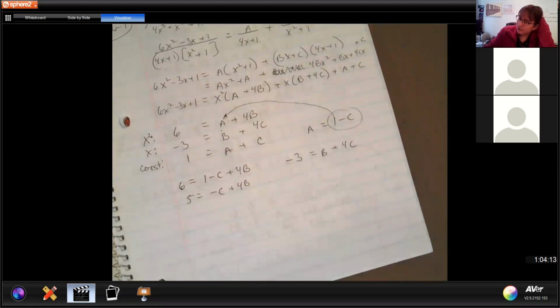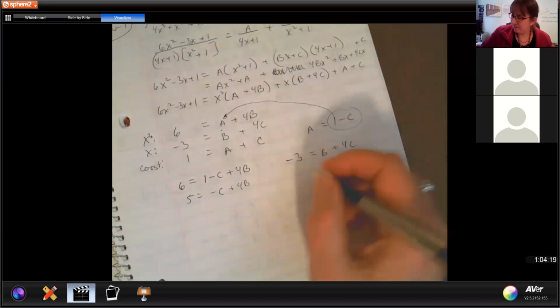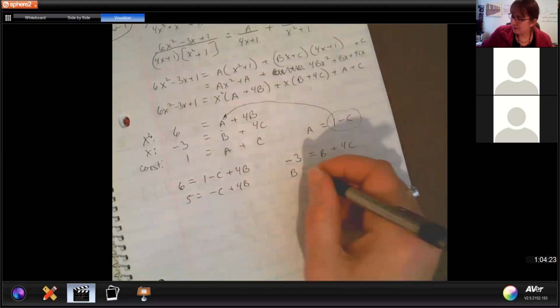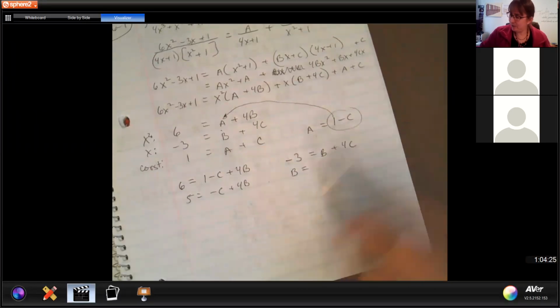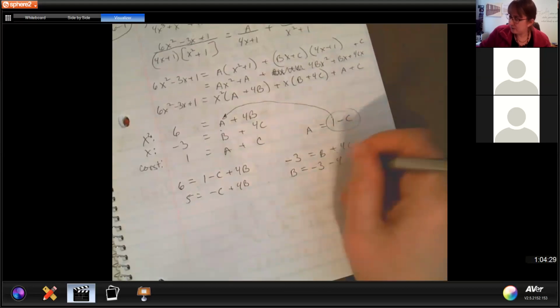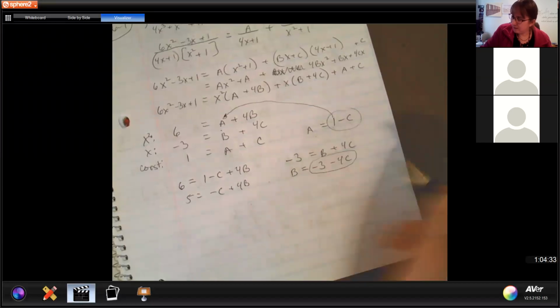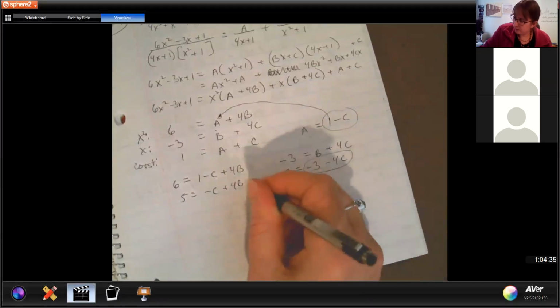And then I can either use elimination or substitution to solve this. I'm going to substitute. Either way, I have to multiply it somewhere. So I'm going to solve this for B. B equals negative 3 minus 4C. And I'm going to substitute that in for B there.